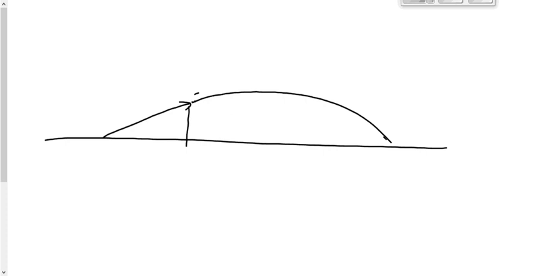What I want you to understand from this is that my center of gravity, no matter what my bike and I looked like as I was going over this jump, followed the parabola. The rest of my bike might have done whatever, but my center of mass the entire time followed a parabola.